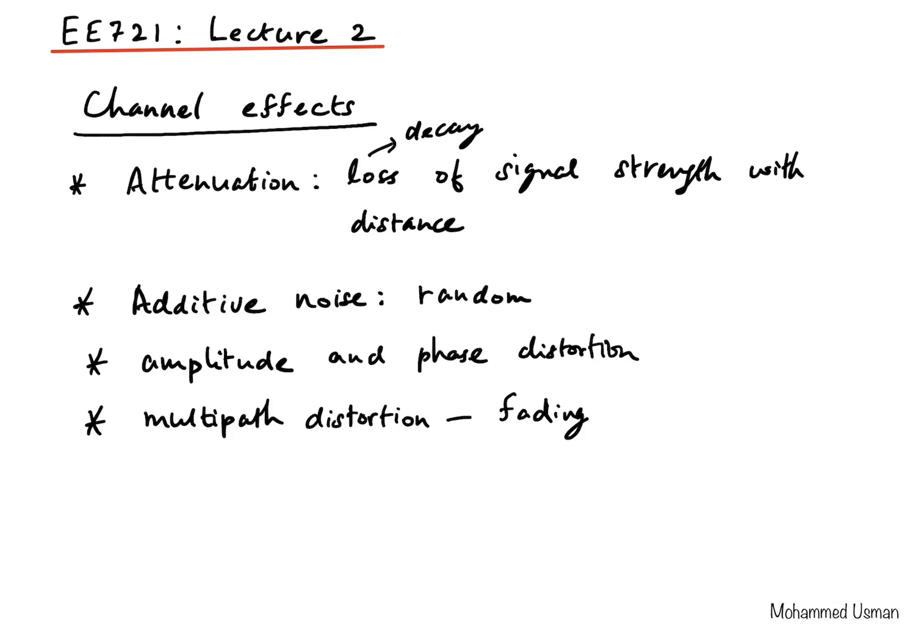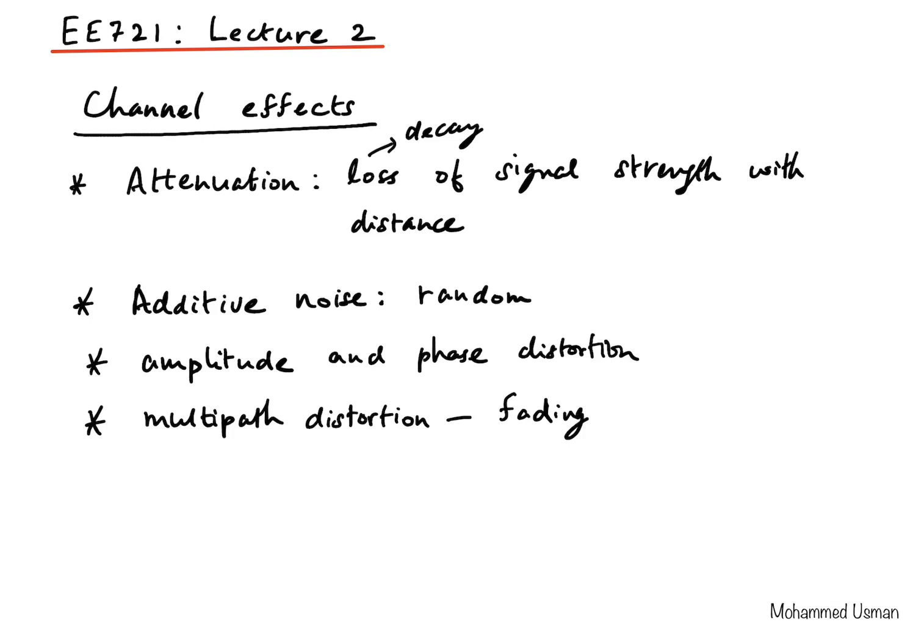If they are in phase, they add up constructively and get amplified, and if they are out of phase, they cancel each other out and the signal strength goes down. So multipath distortion results in fading, which is a random variation of the signal amplitude at the receiver side.